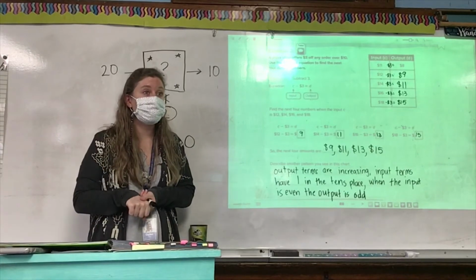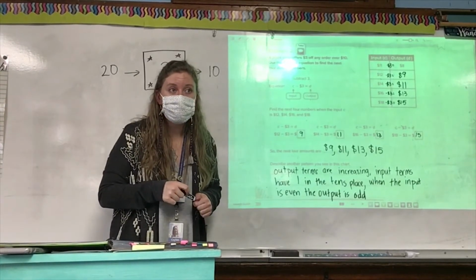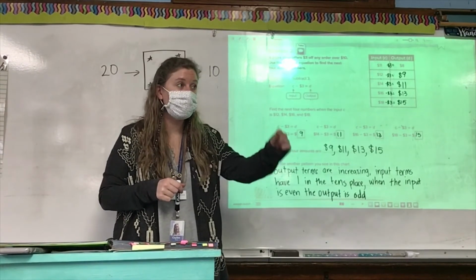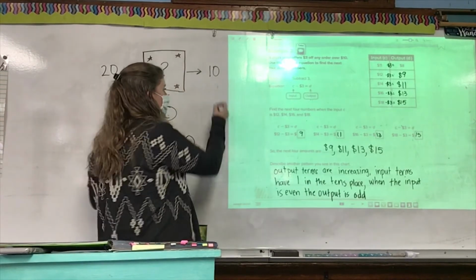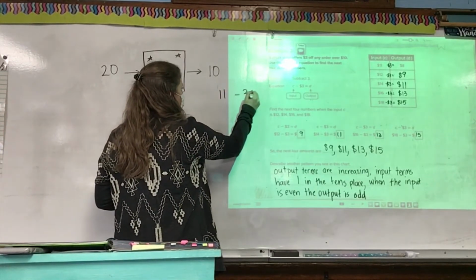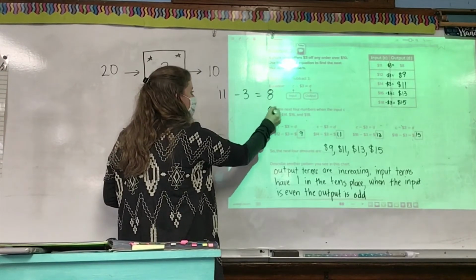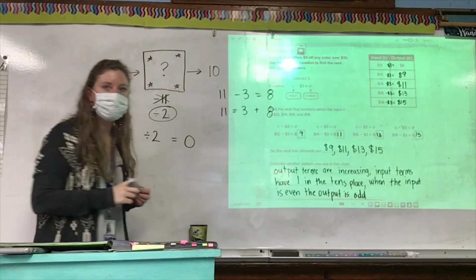Inverse operations. It means they're opposite of each other. If you add a number to get an answer, you can subtract that same number from the answer to get the first one. So they're opposite. They're backwards. So 11 minus 3 equals 8. Well, 8 plus 3 equals 11.